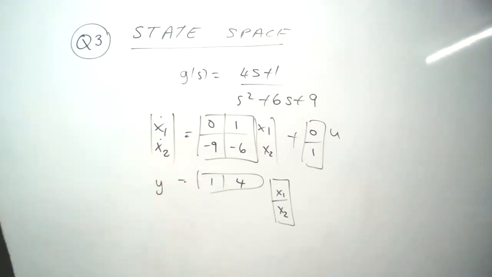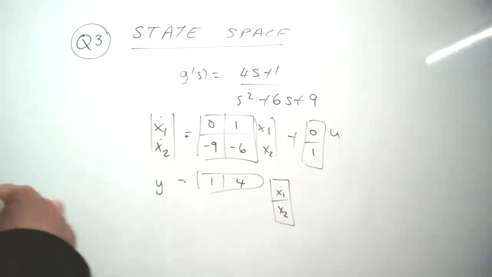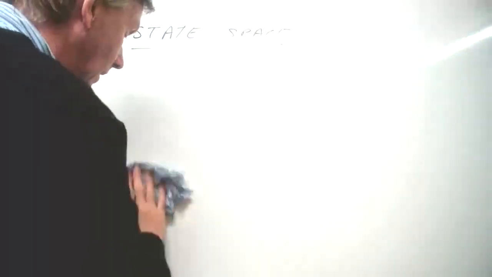So we'll do different ones of these now, just for you to see how it works. And this is obviously not quite as complicated as we get in the exam. I'll just do a simple example first.